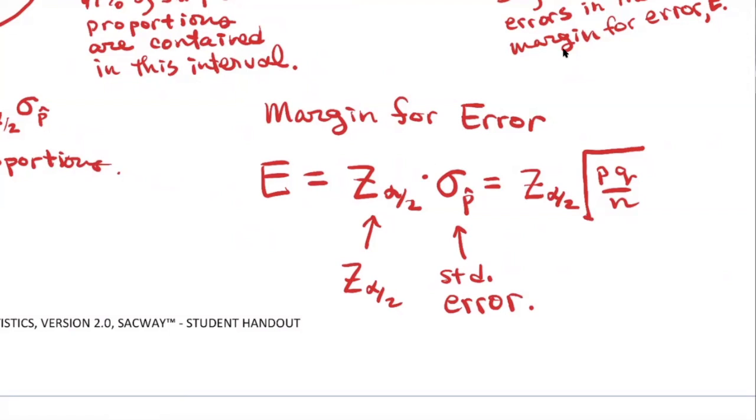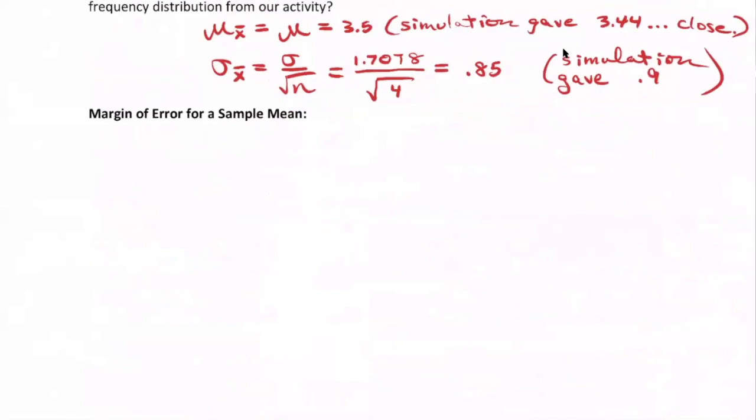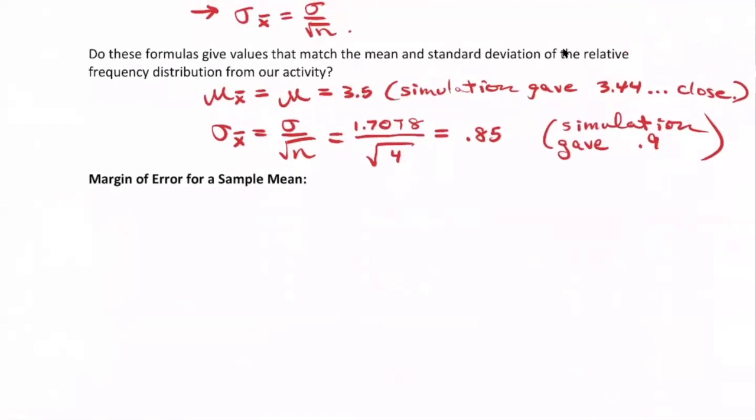Okay, so if you go back to where we are now, we'll say the same thing. The margin of error is z alpha over 2 times the standard error, which is sigma x bar, not p hat, like it was a second ago. This is the standard deviation of sample means. So again, we use the z alpha over 2.